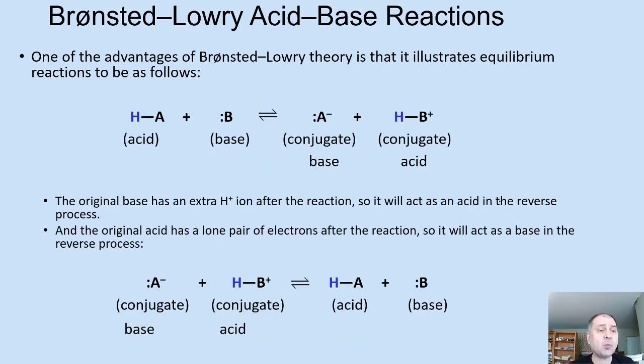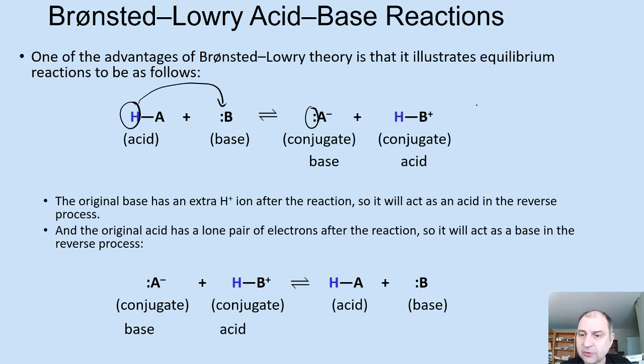This is just a more generic conjugate acid-base illustration. I think it works pretty well here in blue. You're showing the proton that's being transferred to the base. And just to emphasize what I've said already, the base becomes the conjugate acid because it now has that extra proton, and the acid becomes the conjugate base because it has a lone pair, right?